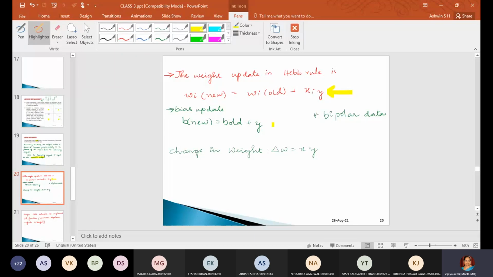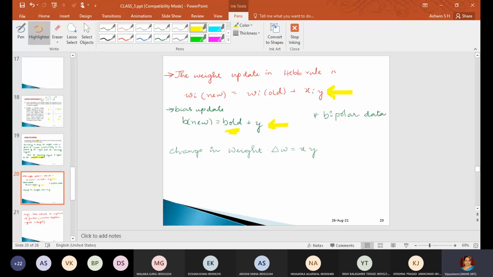One is the weight update: wi new is equal to wi old plus xi y, where i depends on the number of inputs. The bias update: bias new is equal to bias old plus y. I will tell you what y is.